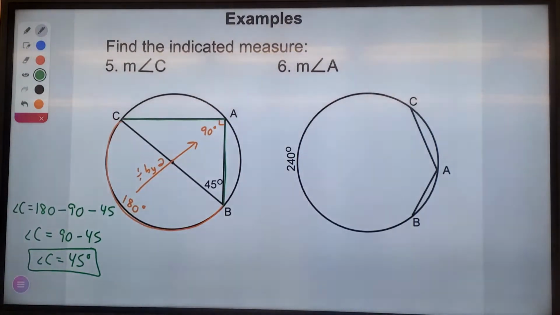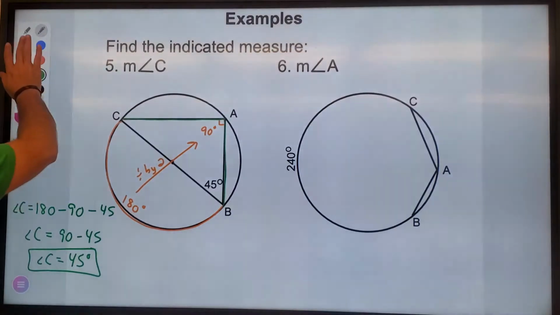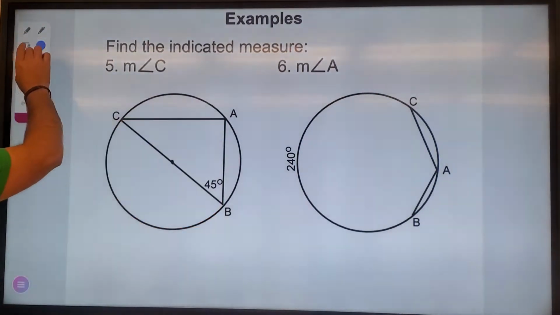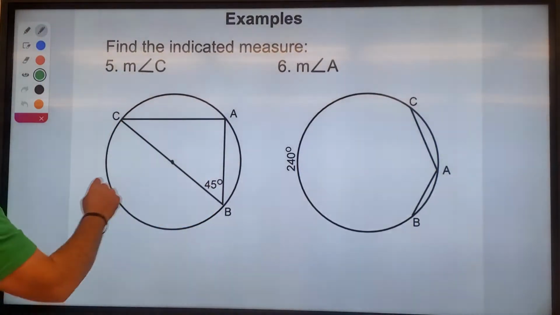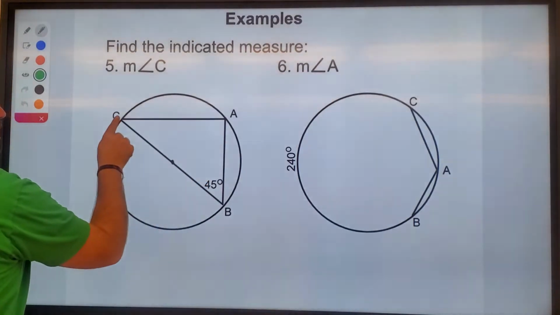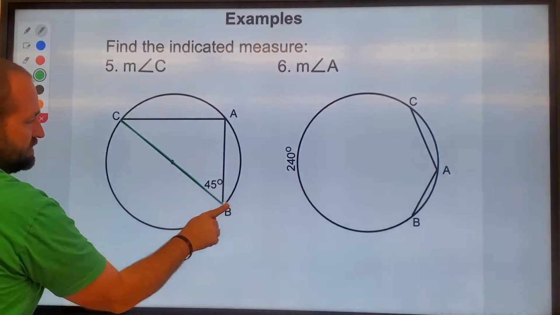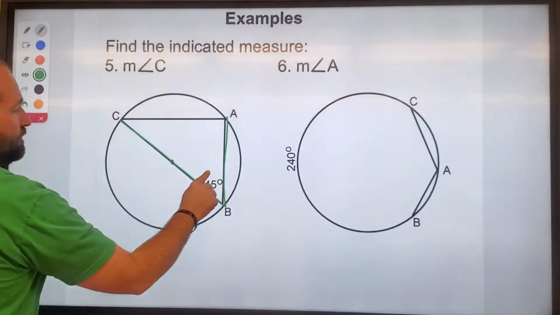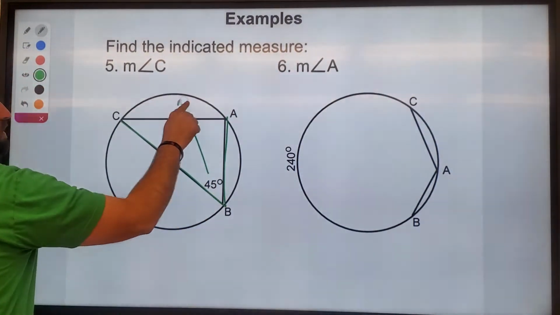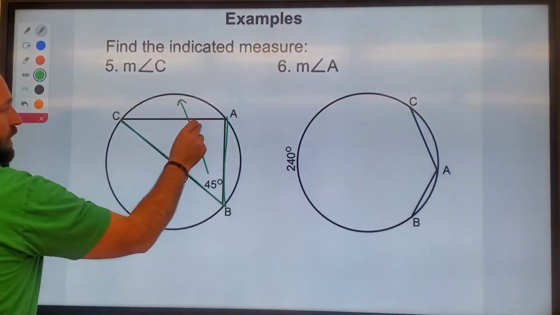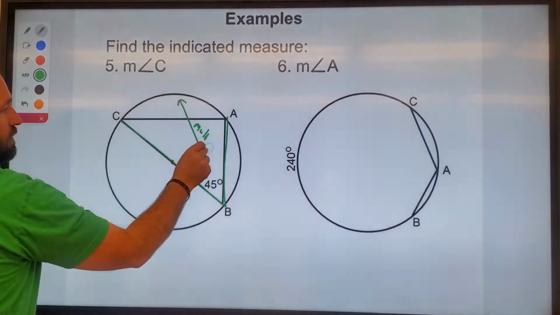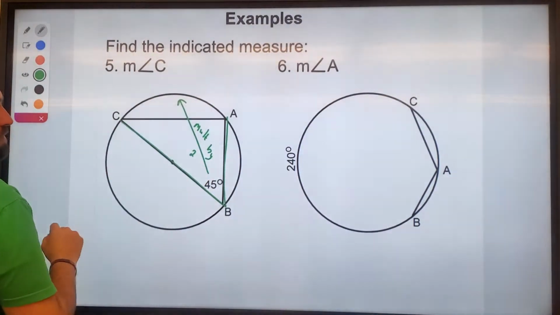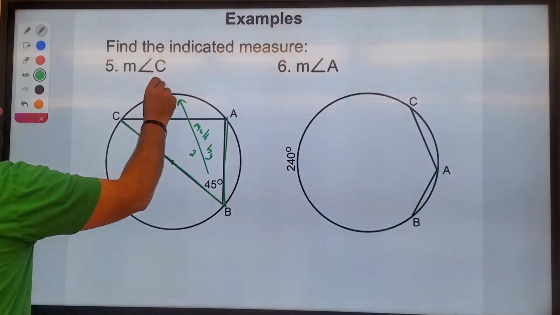Option 2 here is then, I'm going to clear this. Option 2 is to use the fact that this is 45 degrees and that this in itself is an inscribed angle. So if I work my way out here, I'm going to multiply by 2, which means this is 90 degrees up top.